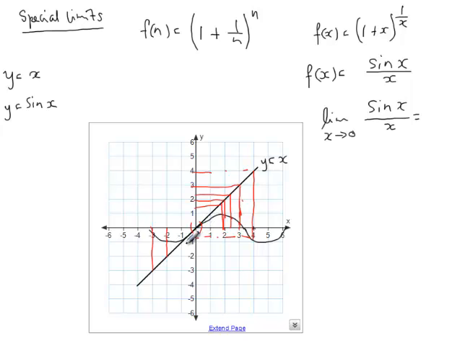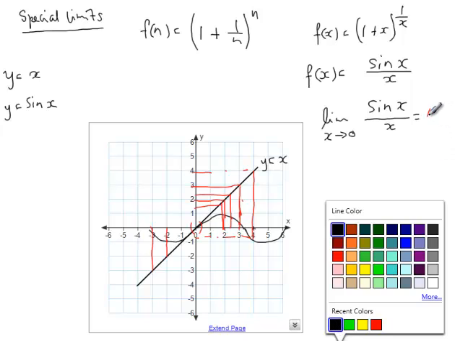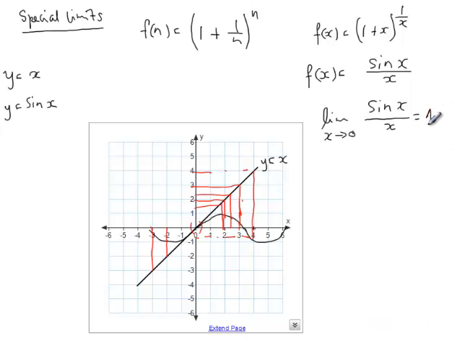Not 1. Almost equal to 1, isn't it? So as you go closer to 0, this ratio is going to grow towards 1. From that kind of understanding, we understand that this limit here is equal to 1.